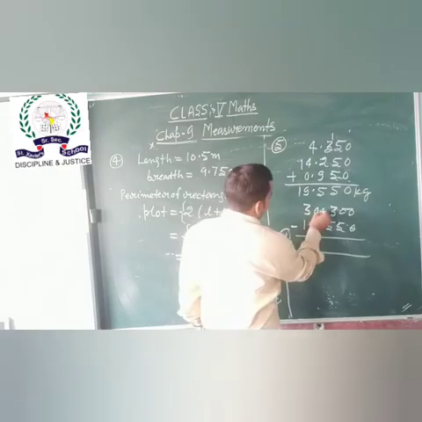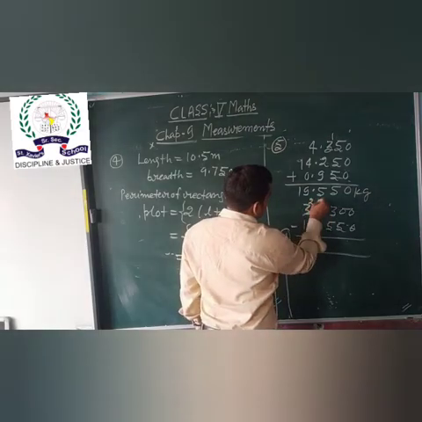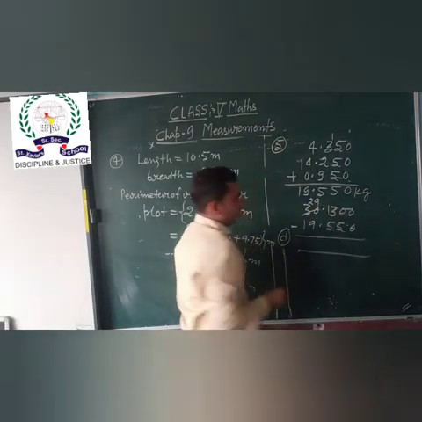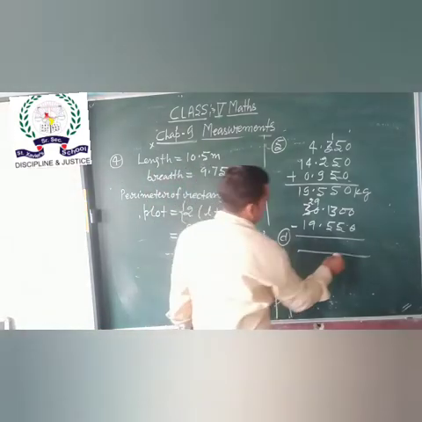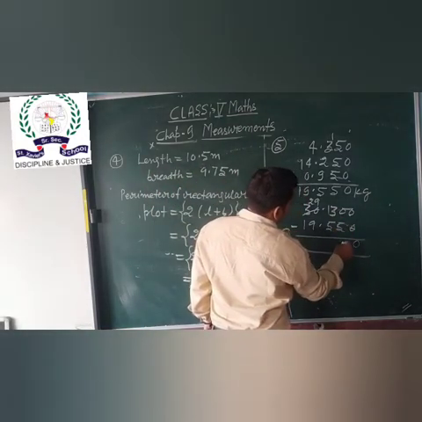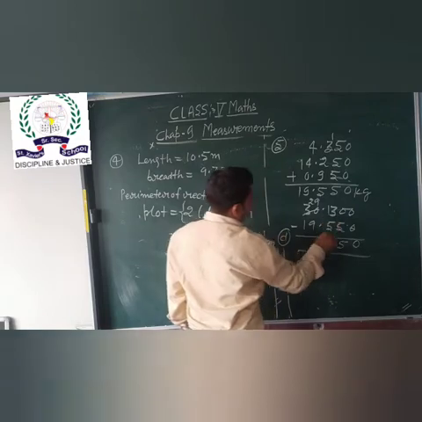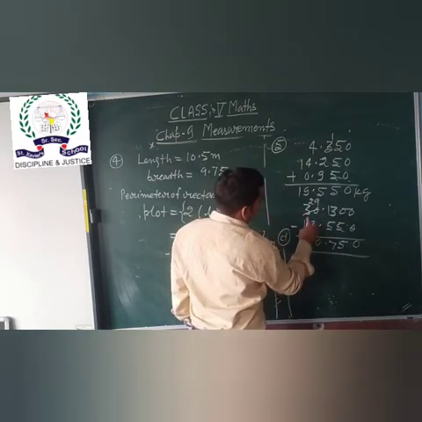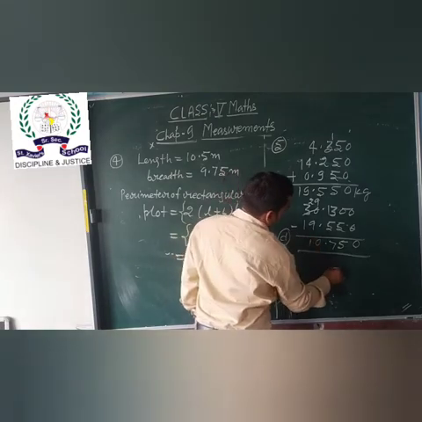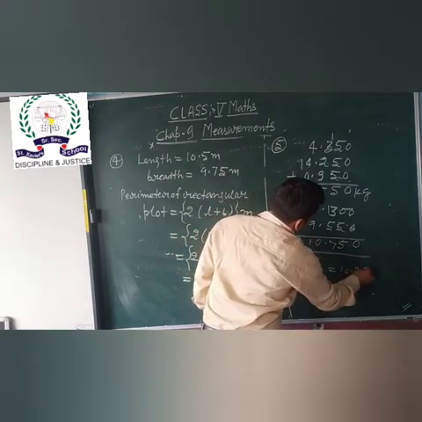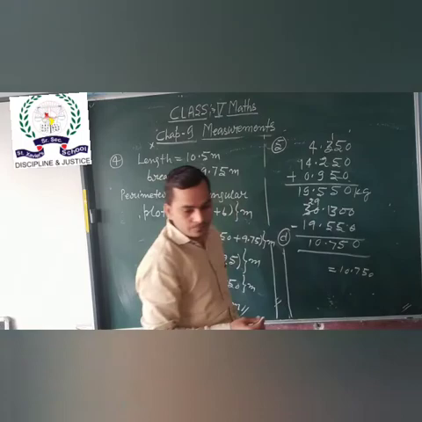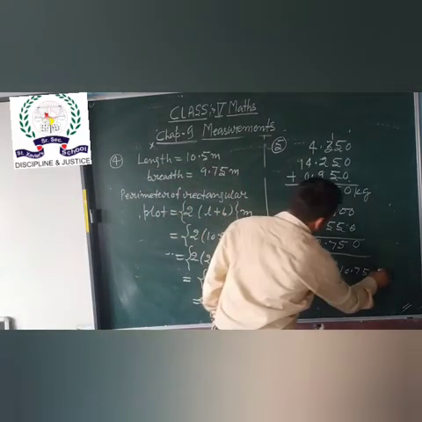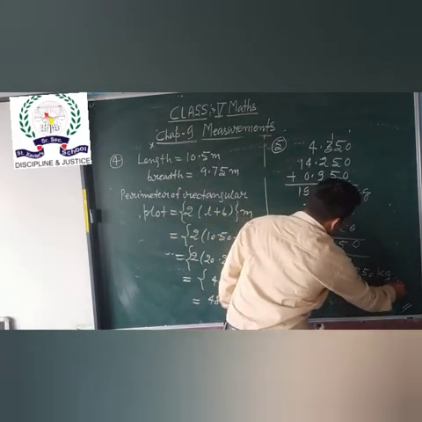So carry out 1. So we have 1300 gram. Then subtract: 0, 10 minus 5, 5, and 12 minus 5, 7. 9 minus 9, 0, and 2 minus 1, 1. So we have 10.750 kilogram.